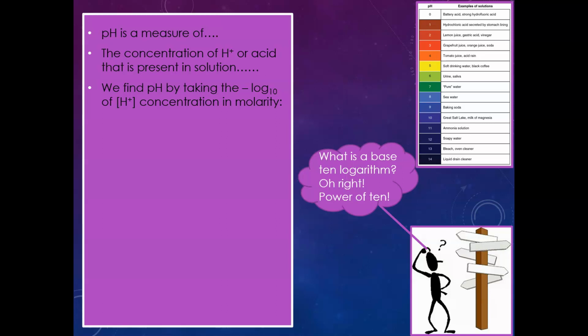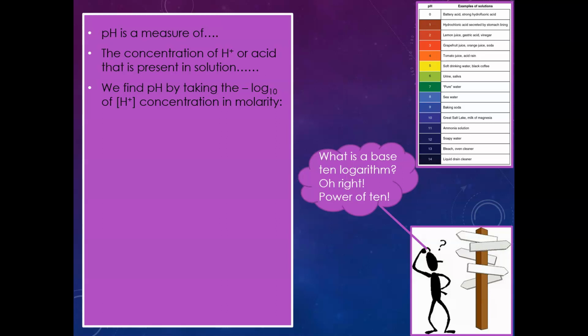By taking the negative of that, since our acid, we'll just use water as an example, we were looking at 10 to the negative 7th power. Negative of log base 10 of 10 to the negative 7th power is just going to give me 7.